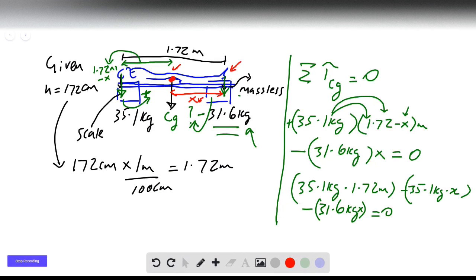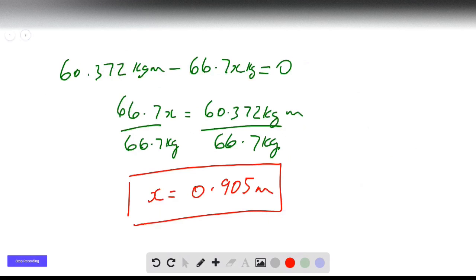So the first one would be this torque due to the left mass, 35.1 kilograms, and the distance is the entire 1.72 minus x. And then the other torque is due to the mass on the leg, so 31.6 kilograms times x. And then we simplify that problem, we get 0.905 meters.